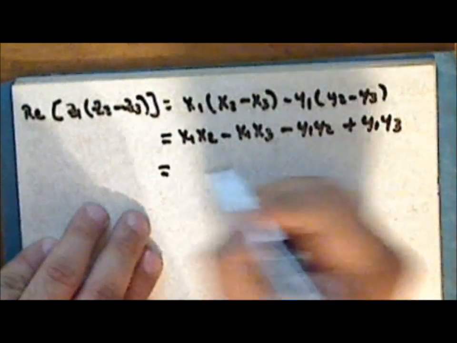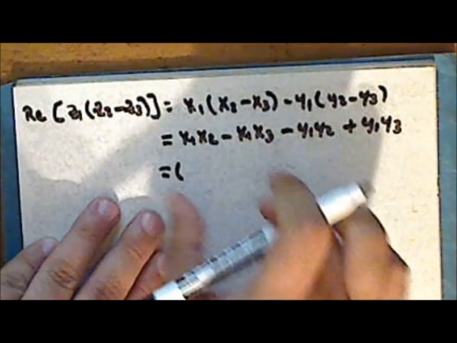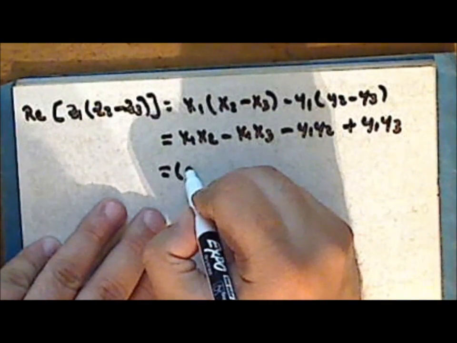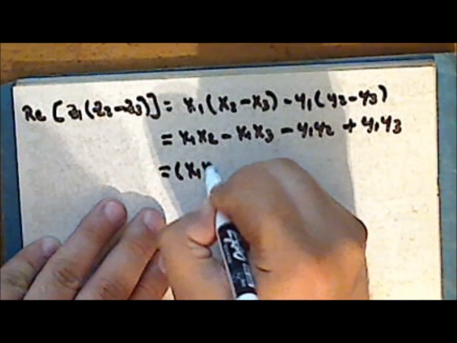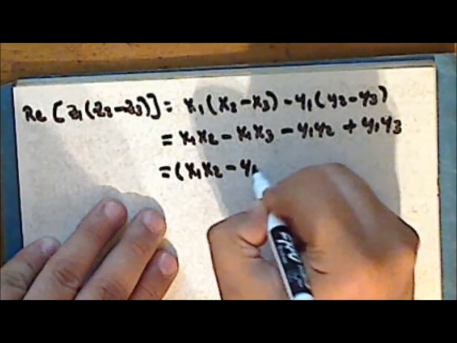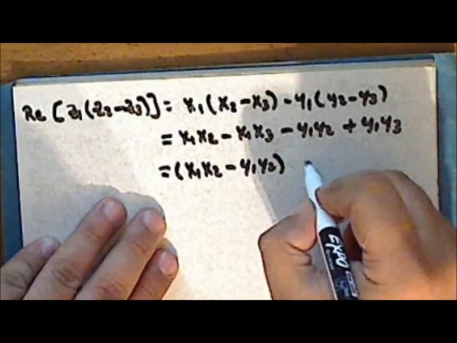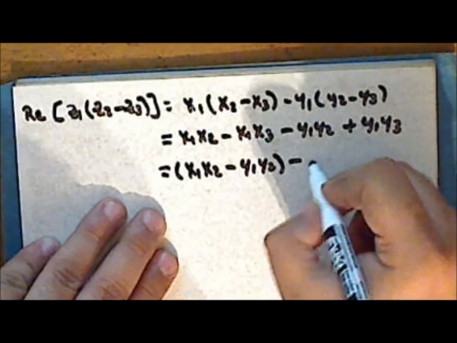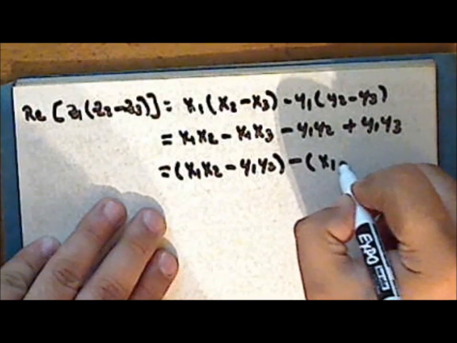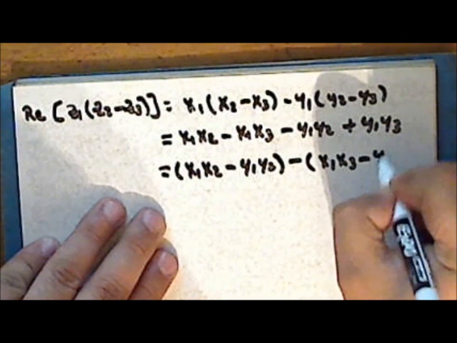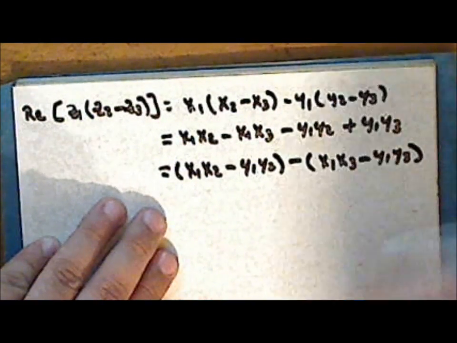And so we have, if we group them in the following way, the quantity x1 x2 minus y1 times y2, and from this we're going to subtract the quantity x1 times x3 minus y1 times y3.